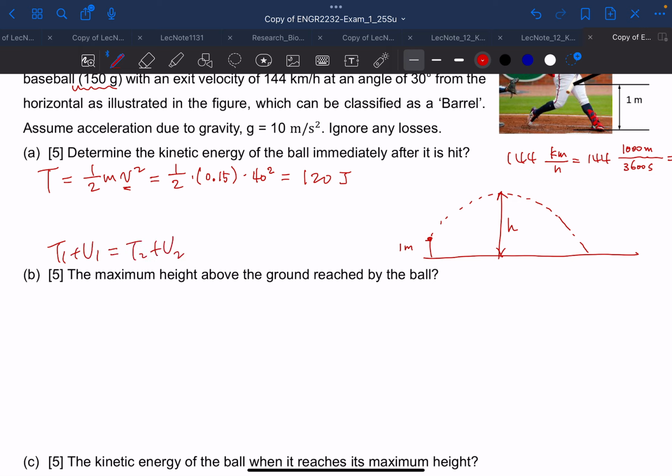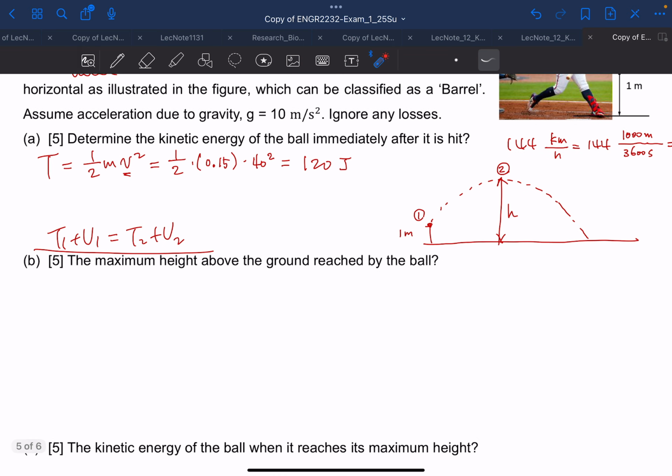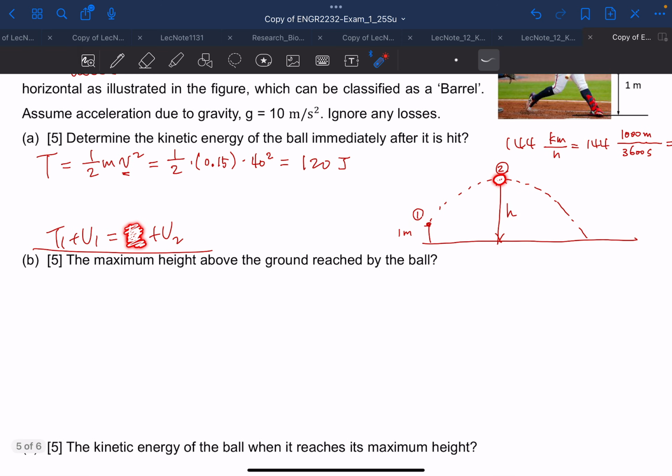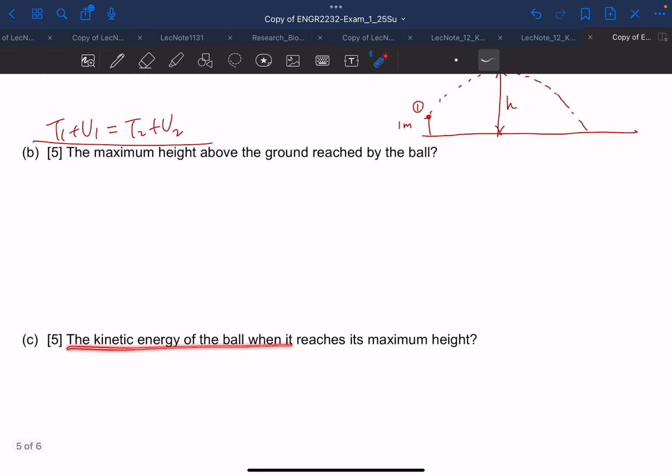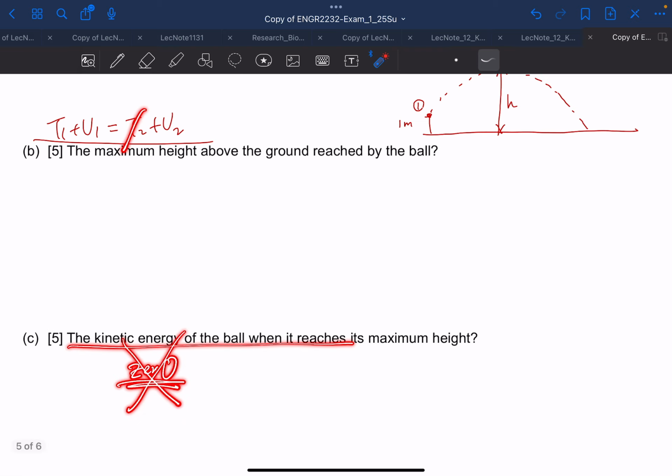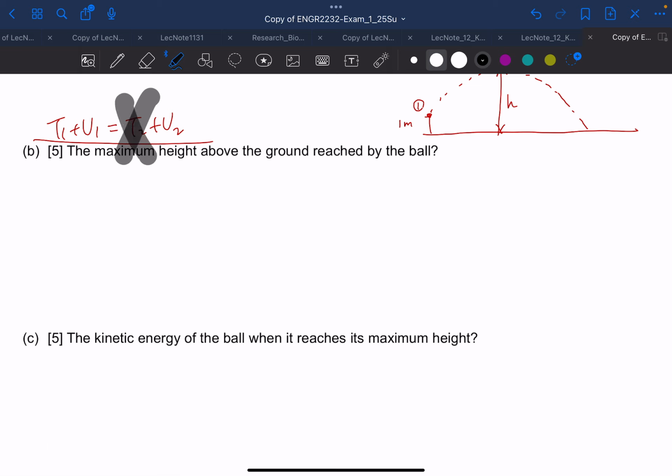Let's say this is point 1 and this is point 2. And when you were doing this, some of the students made the kinetic energy here to be 0. Unfortunately, this was the main issue for those students when they assumed this is 0.